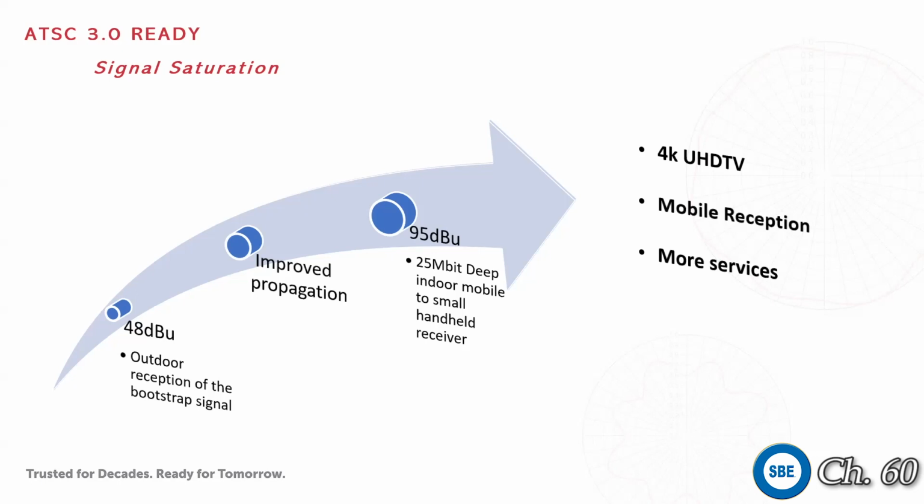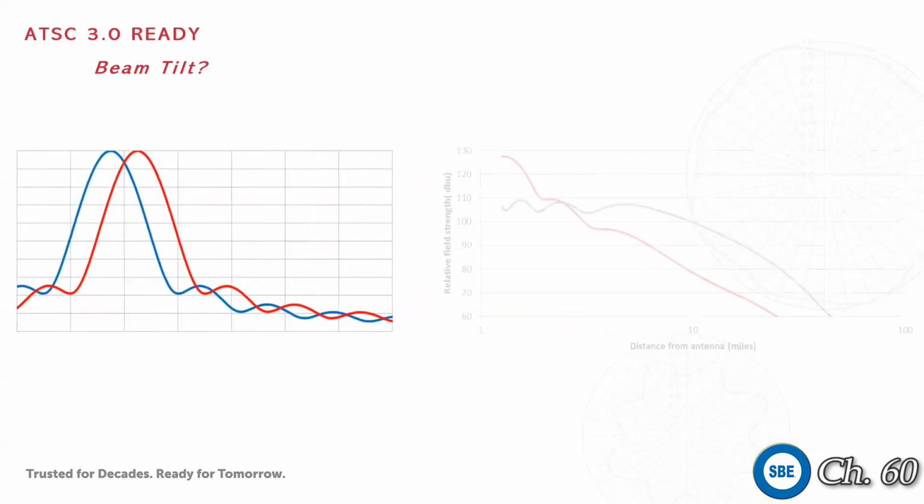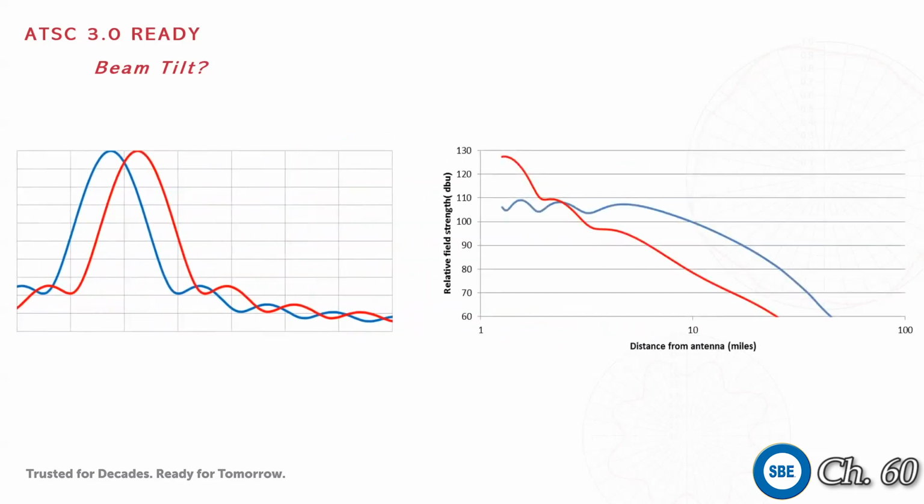So thinking about how you might actually accomplish this, the first introduction of steering our beam, you might think that perhaps the best way to do this is simply to tilt our beam down. This has some level of success for about the first 4 miles away from your antenna.